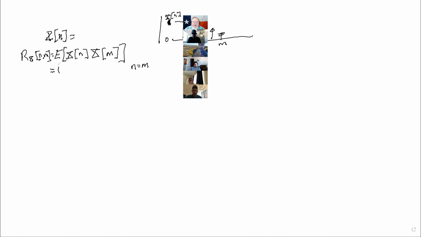So it's equal to the expected value of x sub n times the expected value of x sub m. That's true if they are independent of each other and n is not equal to m. If n is equal to m, then this is the expected value of x squared of n, correct?